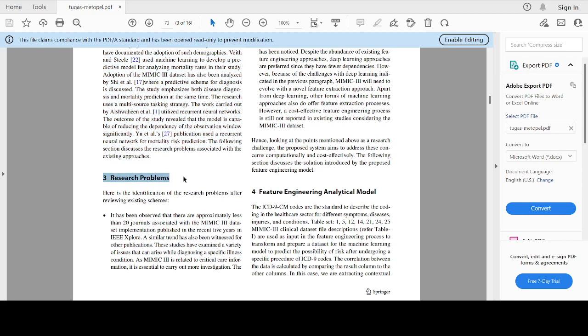Okay, section 3 is the research problem. Here is the identification of the research problem after reviewing existing themes.